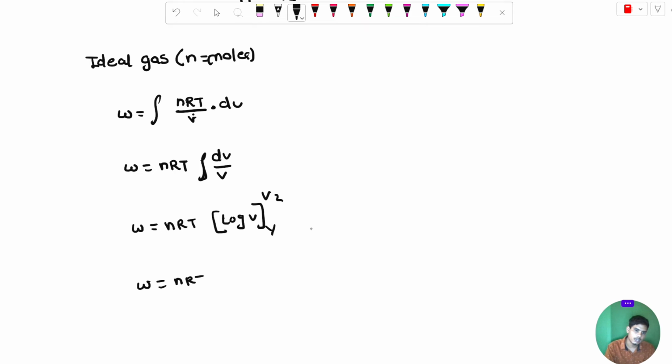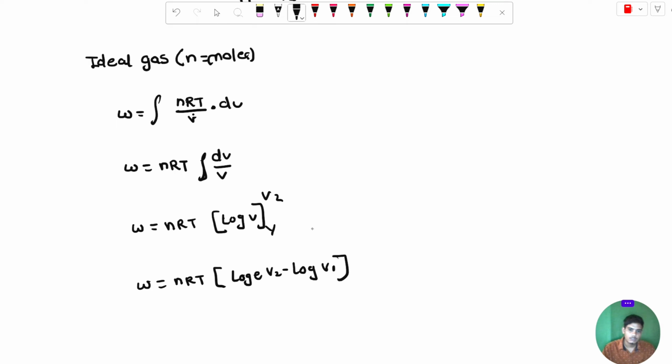W is equal to nRT in bracket log e V2 minus log e V1. This is the value of work done in isothermal process.